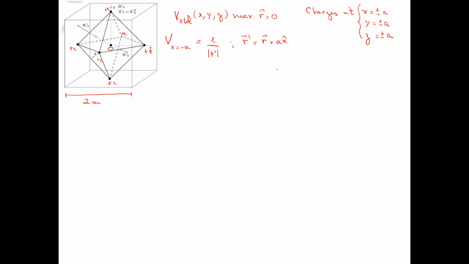Okay, so what I'm doing is I want to calculate the potential at the point R from the contribution from a charge located at minus a x hat. So this is my R prime. Okay. All right.